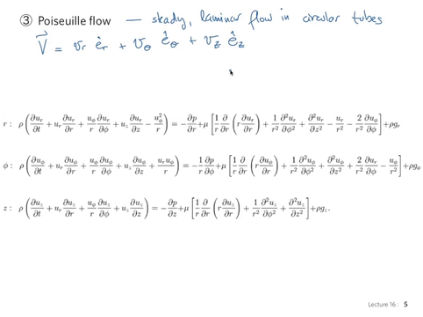So you write the velocity in this way, and all of your differential operators can now be written in this coordinate system, and you can certainly derive the Navier-Stokes equations in cylindrical coordinates. These equations are in the textbook.